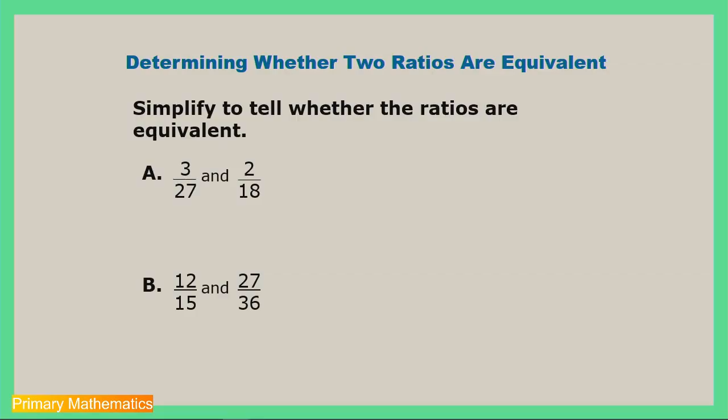So we can continue with other examples, stating whether they are equivalent. So first, we divide 3/27. We divide the numerator and the denominator by 3.